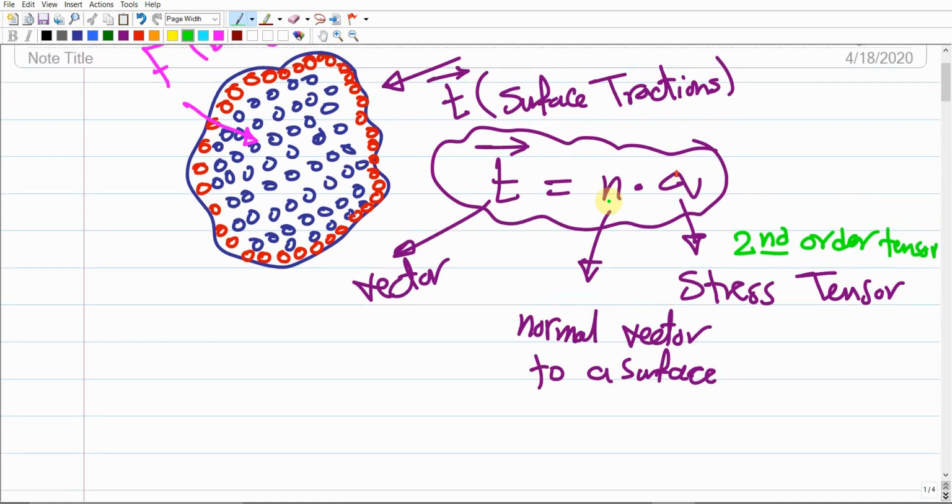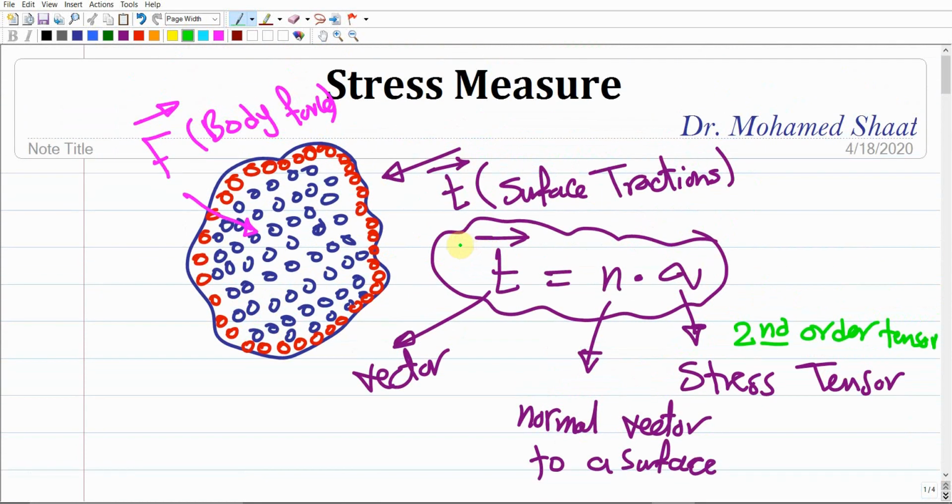So the stress here, you could say that this T, this vector, is a kind of external force acting over a surface, which is the exterior surface or the boundary of the continuum. And through this equation, we derive the effect of the surface traction on the continuum. What's going to happen to this continuum because of this surface traction?